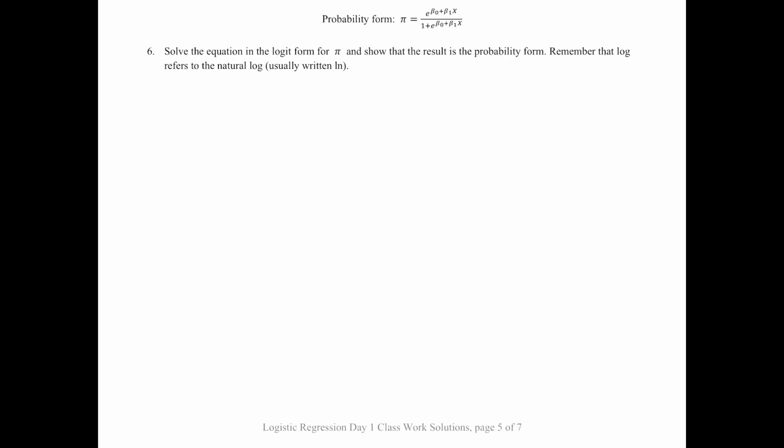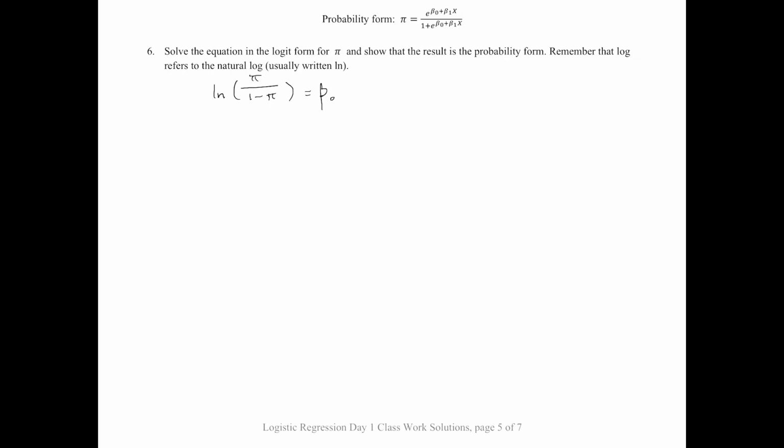And the log odds is what we fit that linear equation to. Now, there are 2 forms of the logistic model. One is the logit form that I just described, and the other is the probability form that you can see here. And I asked you in number 6 to do the algebra to go from one to the other. So just for this one time, I'm going to write the log as ln, but again, a statistician just uses log.